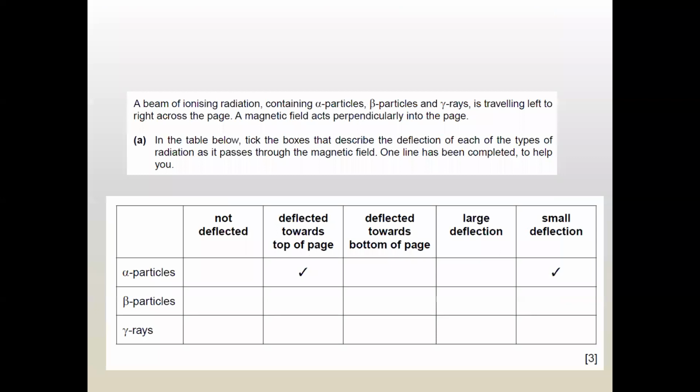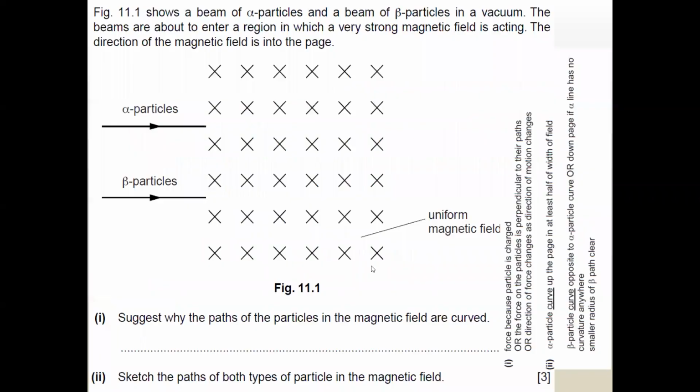So in the question, a beam of ionizing radiation containing alpha, beta, and gamma is traveling left to right, from the left hand side to the right hand side, and the magnetic field is acting into. This is related to the previous one. It's the same question: the magnetic field is acting into and the particles are moving from left to right.